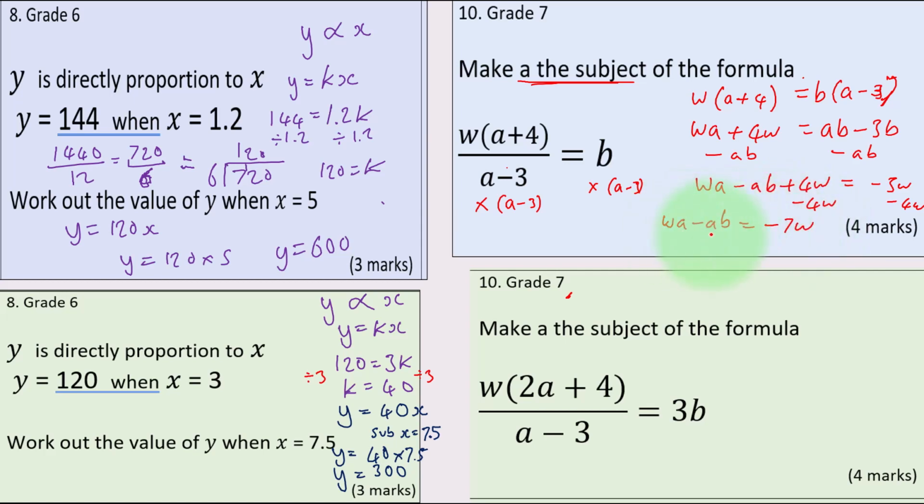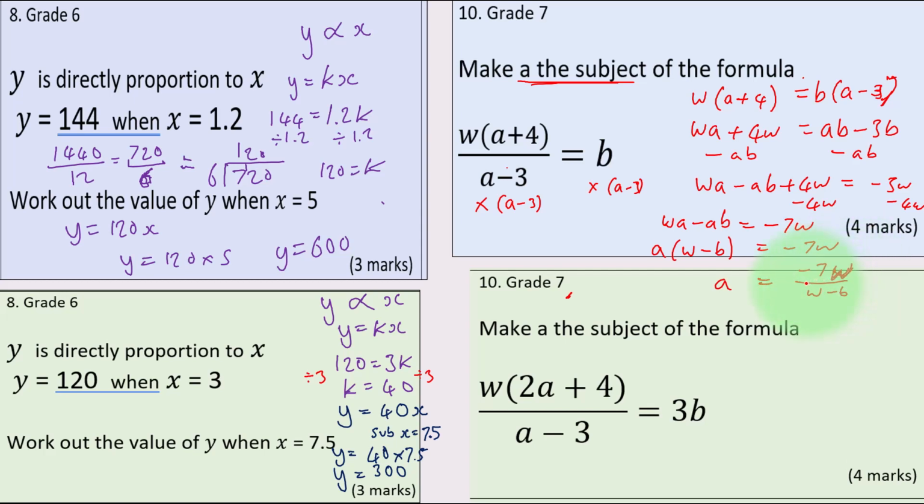Can you see here we can factorise this a out? a(w minus b) equals minus 7w, and then we can divide both sides by w minus b, so we get left with a equals minus 7w all over w minus b, and that's how you do that.